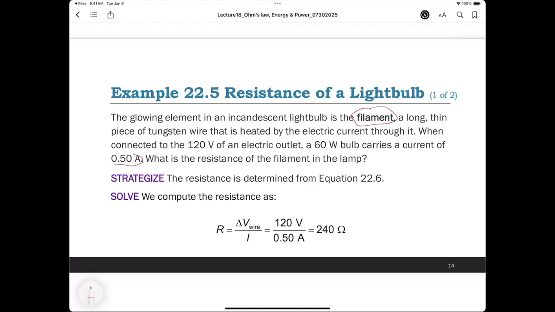What is the resistance of the filament in the lab? We can use the equation R equals delta V divided by I, right? We know the potential difference is 120 volts, and we know the current, and then we can calculate the resistance. It is 240 ohm.